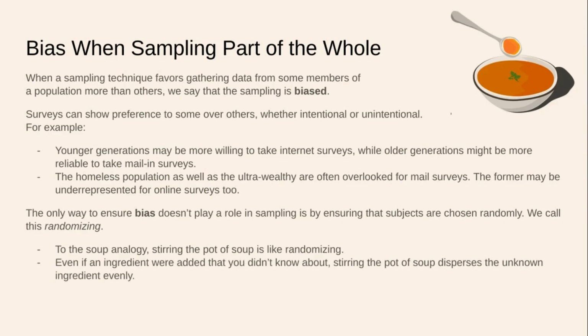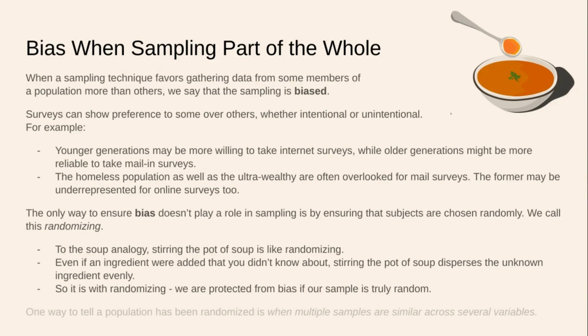Even if an ingredient were added that you didn't know about, if you stirred the pot of soup, you would disperse the unknown ingredient evenly. That's what's so awesome about randomizing, which we'll spend a good amount of time talking about. We are protected from bias if our sample is truly random, even if there is an element of our sample we haven't even considered. That's power.